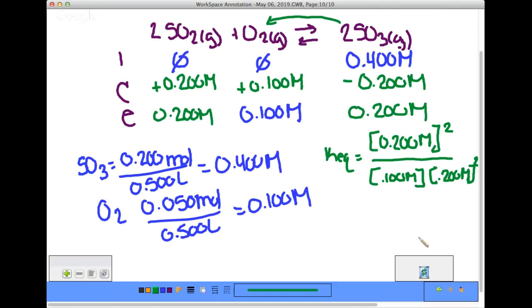And so what we end up getting for KEQ, what is that, 10? Yep. We get KEQ equals 10. This 10 is greater than 1, which means that our reaction is product favored. So, just as a side note, KEQ greater than 1 means it's product favored. So there's that problem.